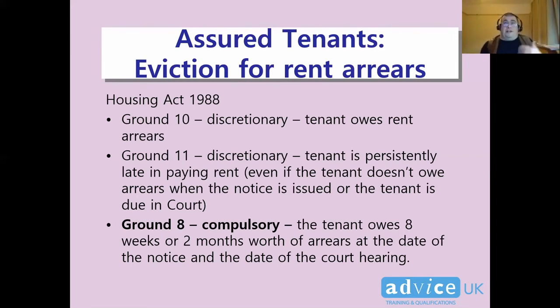Ground 10 applies if the tenant owes some rent arrears, whether it's £1 or whether it's £5,000 or more. Ground 11 applies if the tenant is persistently late in paying the rent, even if they don't owe any rent arrears at the date of a court hearing. But it's up to a judge to be satisfied it's reasonable to evict someone in the circumstances. So if the only reason for your rent being late is because it's paid in arrears by benefits, that's not going to be a sufficient justification for the landlord to get a possession order.